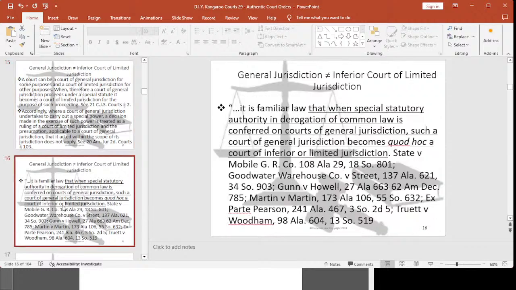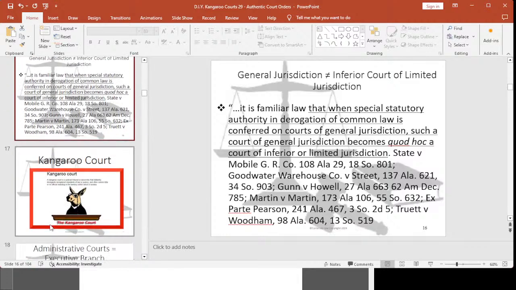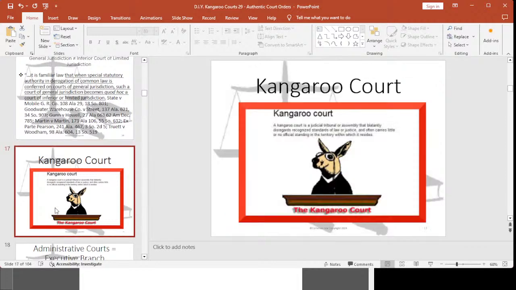Anyways, it is familiar law that when special statutory authority in derogation of common law is conferred on courts of general jurisdiction, such a court of general jurisdiction becomes quoad hoc a court of inferior or limited jurisdiction. And so, again, it's talking about inferior courts of limited jurisdiction. Actually, a better word is kangaroo court. They assault you with the Commerce Clause is what they do.